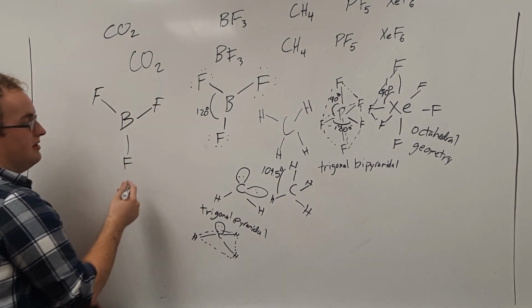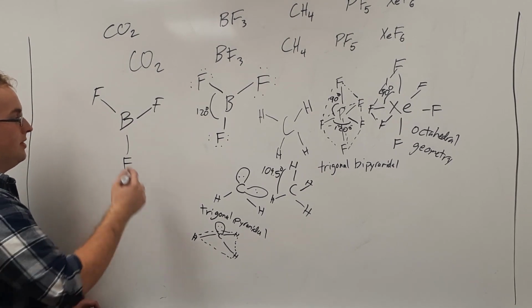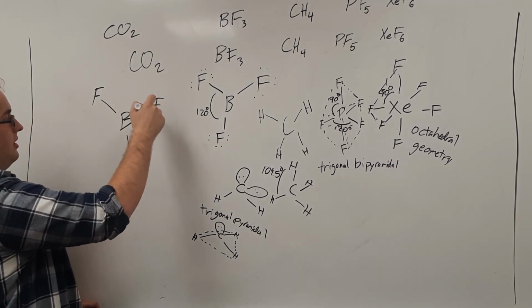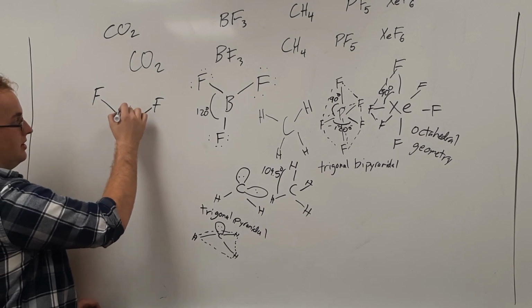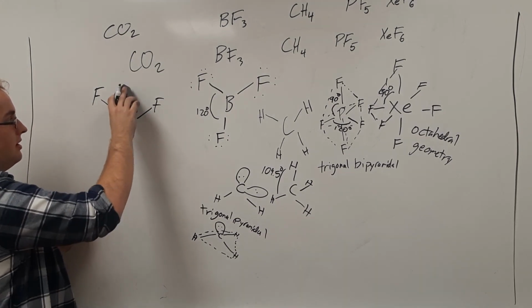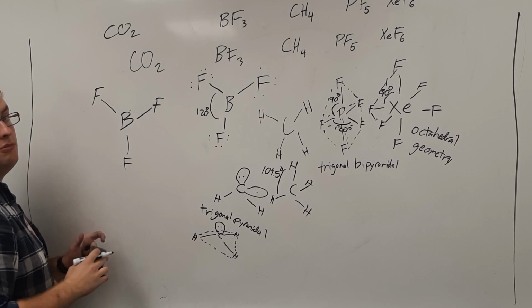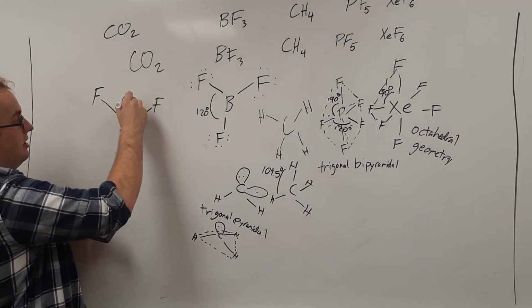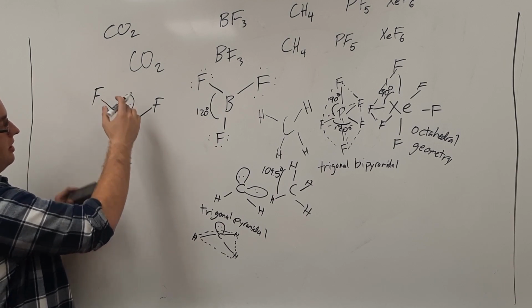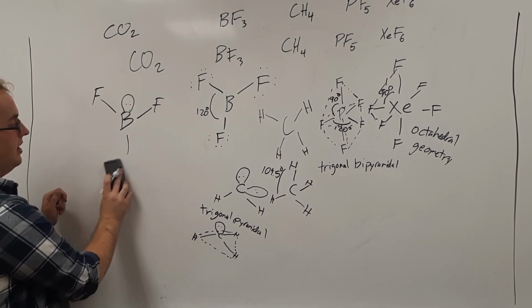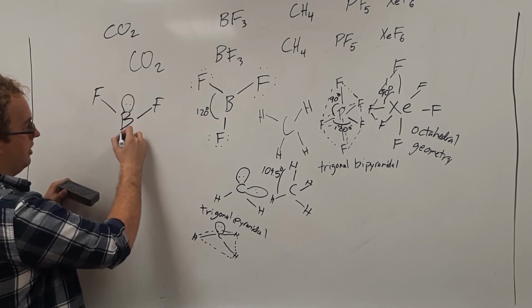All of these electronegativities are the same, and because they're equally distributed around the central atom and there's no lone pairs on the central atom, this is going to be non-polar. This one would be polar because this electron pair is pushing these other ones down. In a similar way, this is also polar.